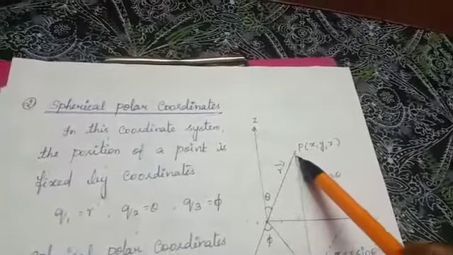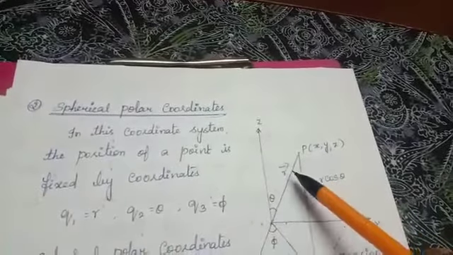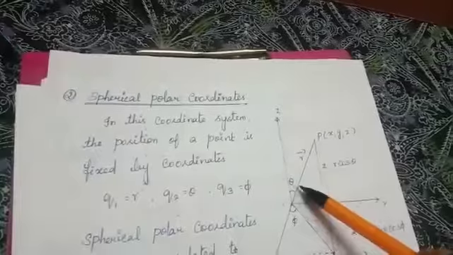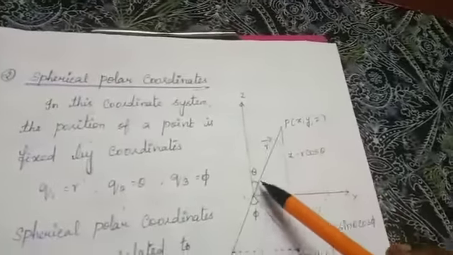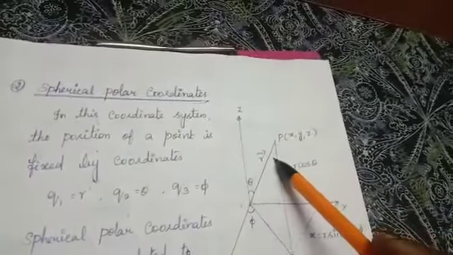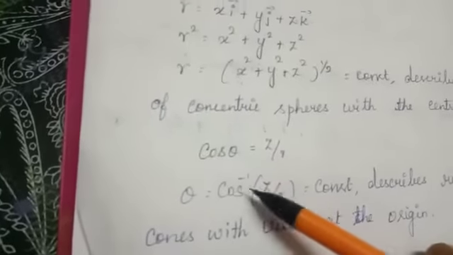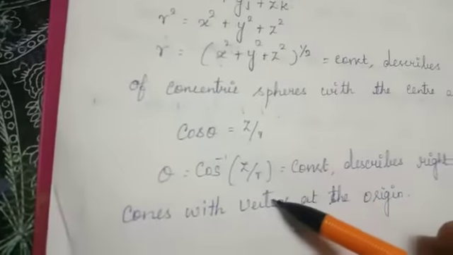So this gives the family of concentric spheres with the center at the origin. And we can write cos theta equal to opposite side by hypotenuse, where cos theta equal to z divided by r, or we can write theta equal to cos inverse of z by r.